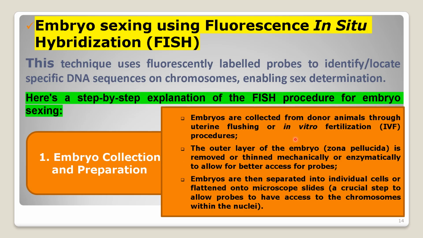Here embryos are collected from donor animals through uterine flushing or in vitro fertilization procedures. The outer zone of the embryo, the zona pellucida, is removed mechanically or enzymatically to allow for better access for the probe. These embryos are then separated into individual cells or flattened onto microscope slides.